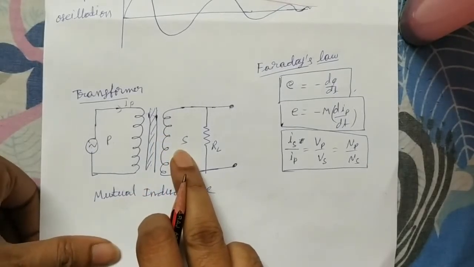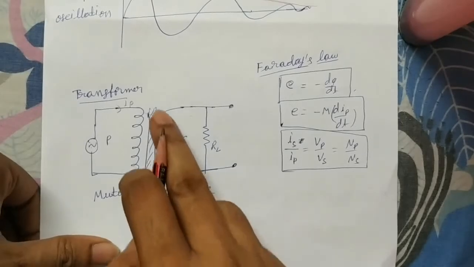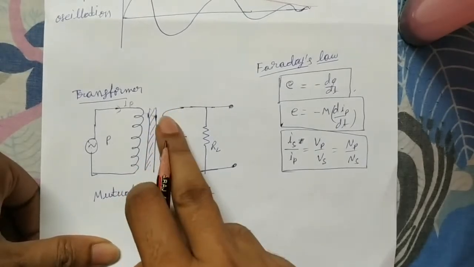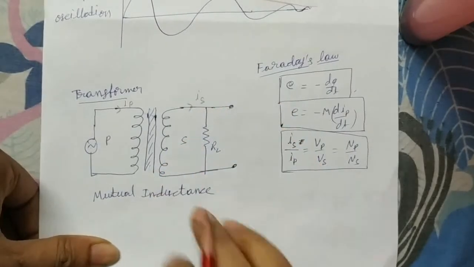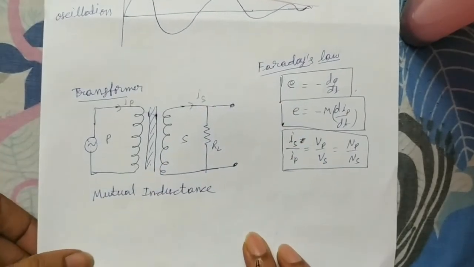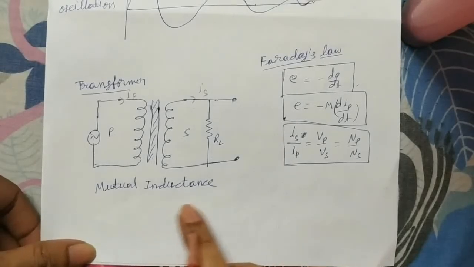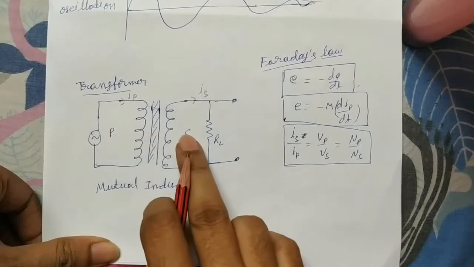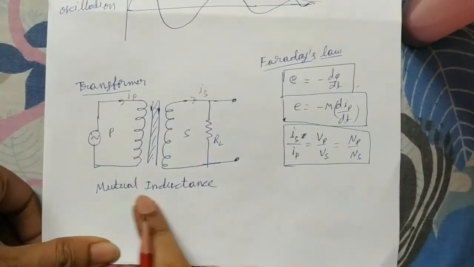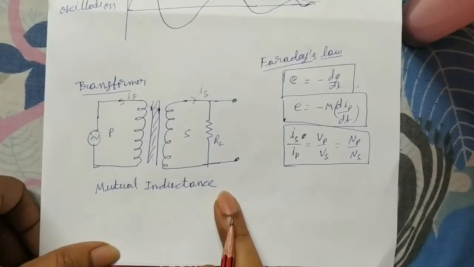If there is a magnetic field change inside the secondary coil, it induces a current in it, that is I secondary. This is because of mutual inductance. What is mutual inductance? A change in the current in one coil can create a current in the second coil. That is what you call mutual inductance.